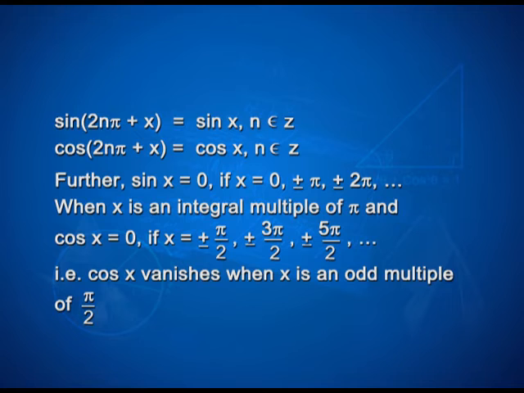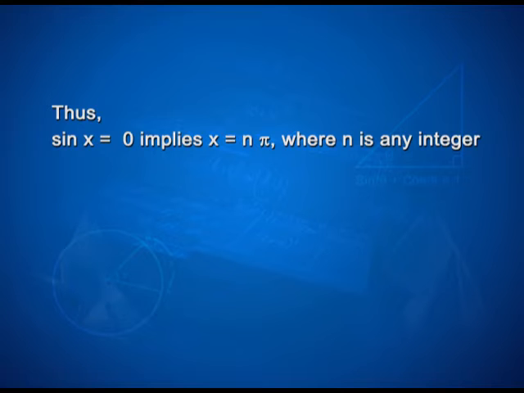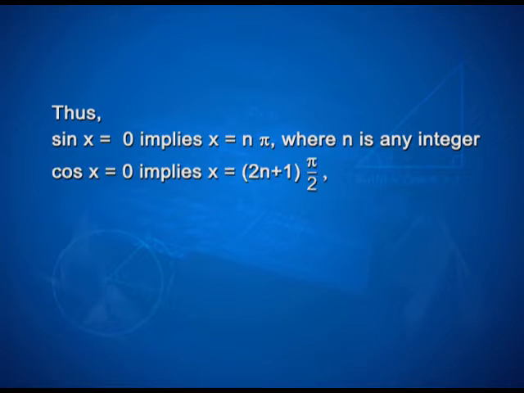That is, cos x vanishes when x is an odd multiple of pi by 2. Thus, sin x is equal to 0 implies x is equal to n pi, where n is any integer. Cos x is equal to 0 implies x is equal to (2n plus 1) into pi by 2, that means an odd multiple of pi by 2, where n is any integer.